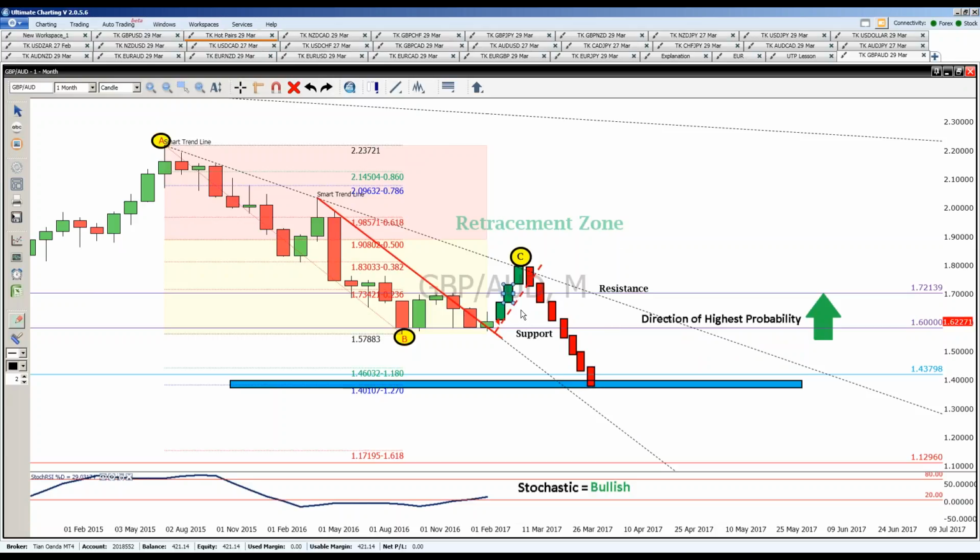And once again, the bounce against the 127 extension has to be confirmed yet again with a trend line break like that. Okay, does that make sense?